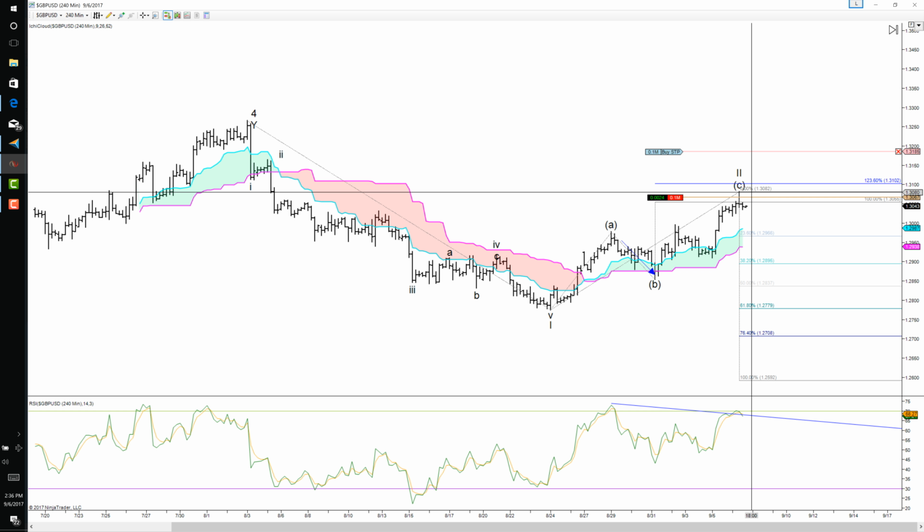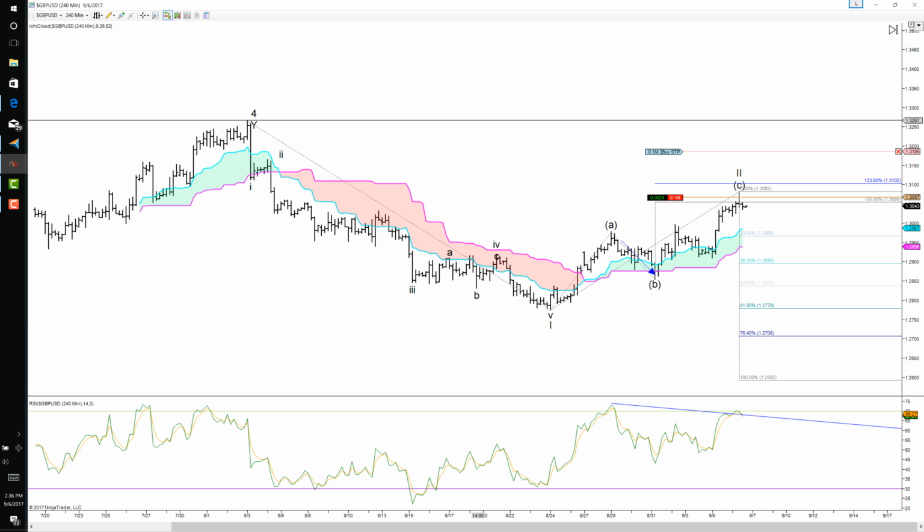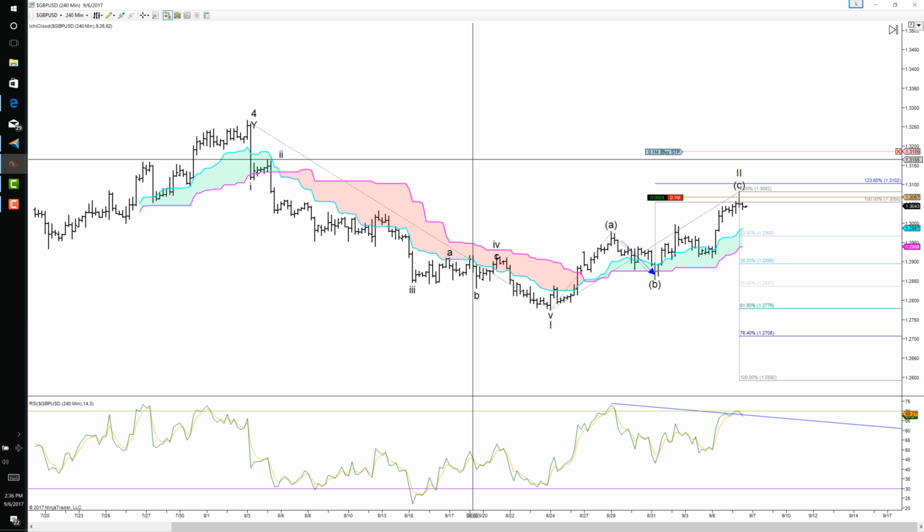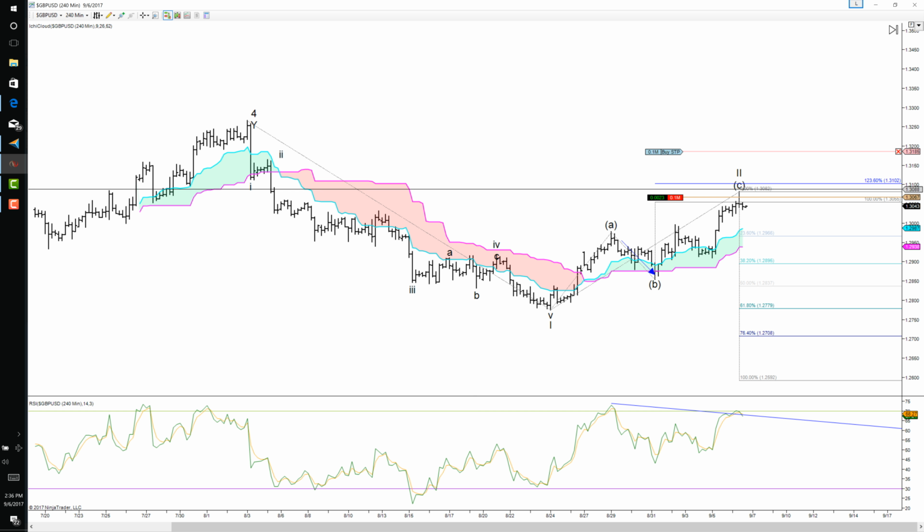However, being that it's at 130.82, it can't go above 132.67 or it would go more than 100% of wave 1. So I do have my stop just above this particular 2 at 131.65.